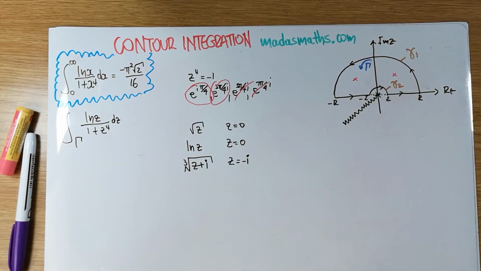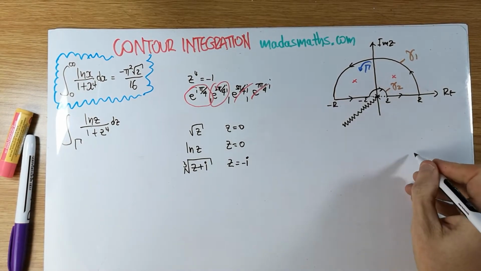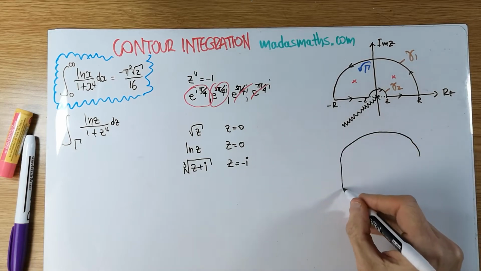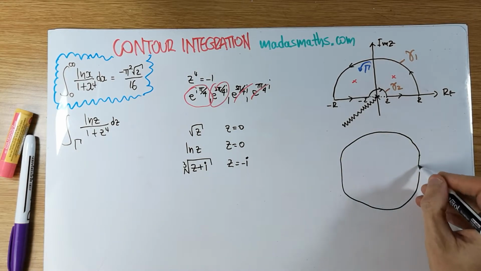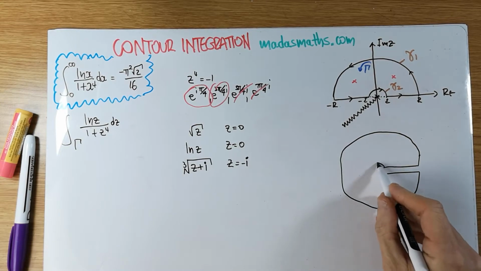I just want to say something for this particular integral. If you're experimenting with this, the first time I tried this particular integral, I tried the keyhole contour, something like this.